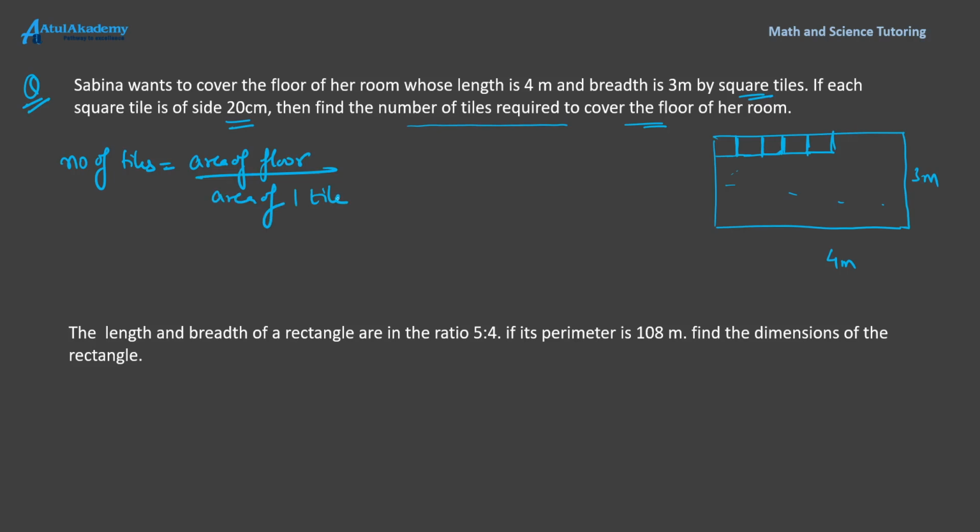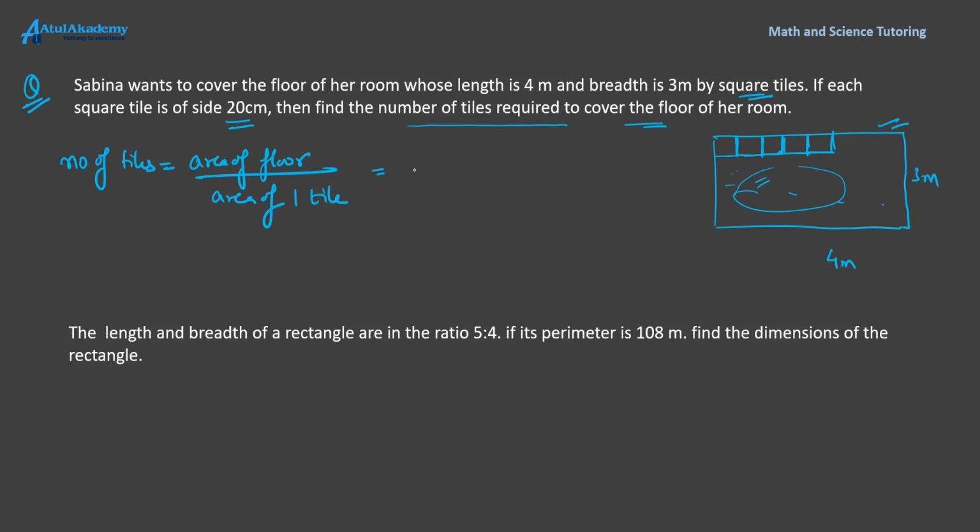The room floor has the bigger area and the tile has the smaller area. So to get the number of tiles, you do the whole floor area divided by one tile area. Maybe your teacher will say find out the area of floor separately, then the area of tile separately, and then do it.